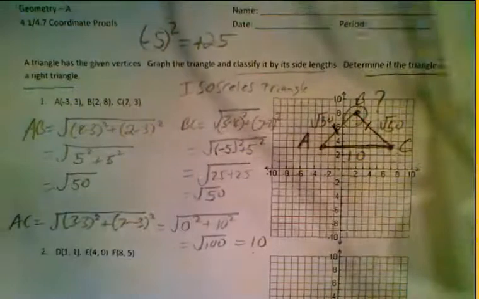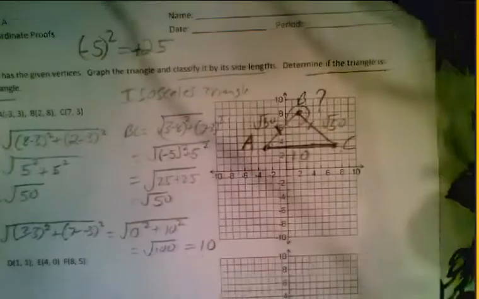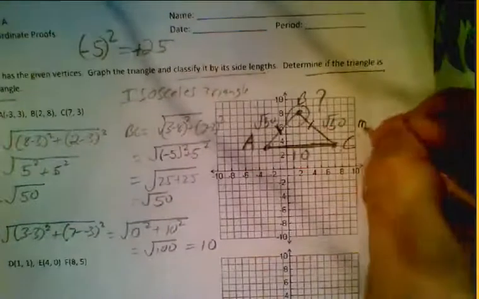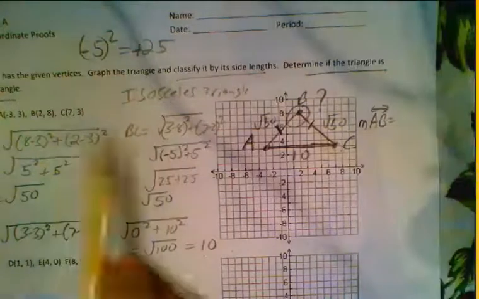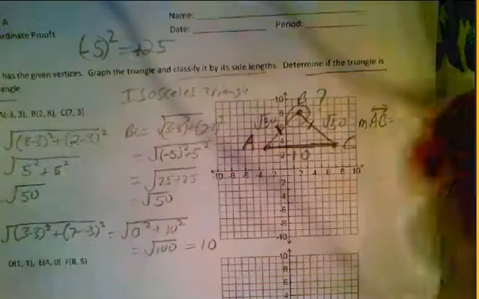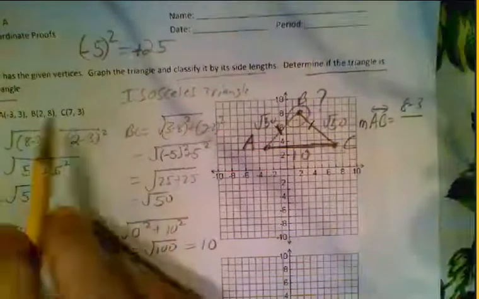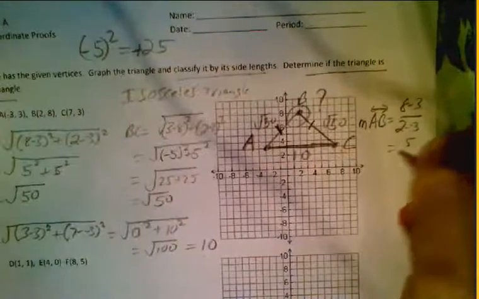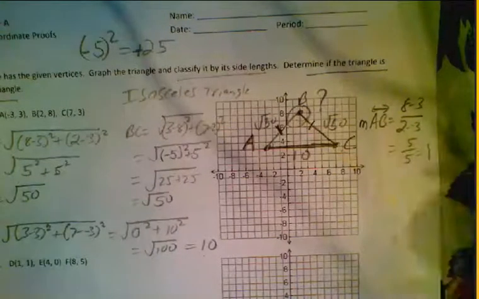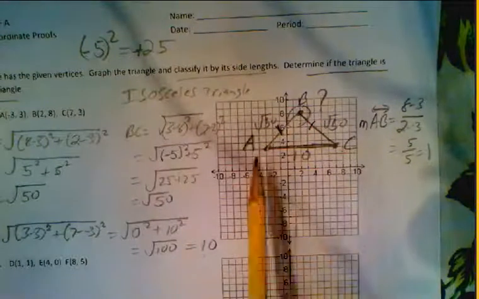So I'll do that over here on the side. The slope for AB is going to be 8 minus 3 over 2 minus negative 3, which is 5 over 5, which is 1. So the slope of AB is 1. Again, the formulas you should have on your notes page.